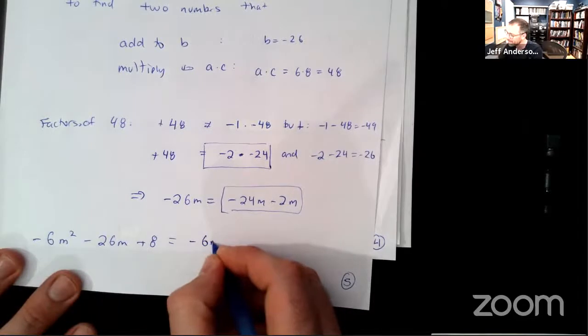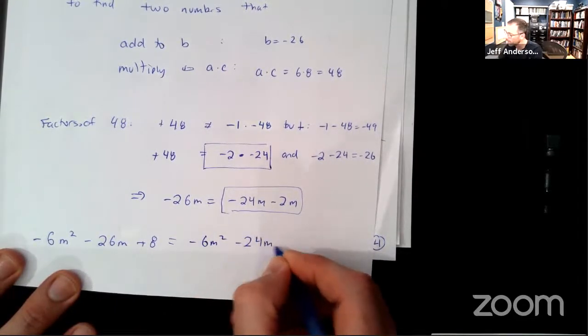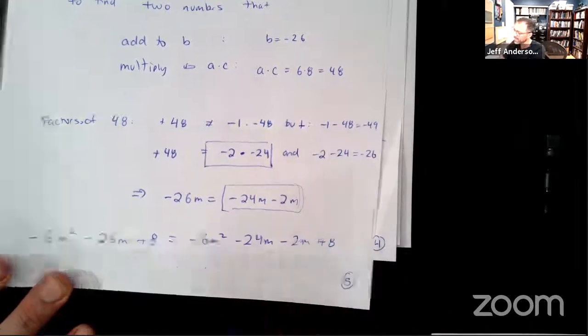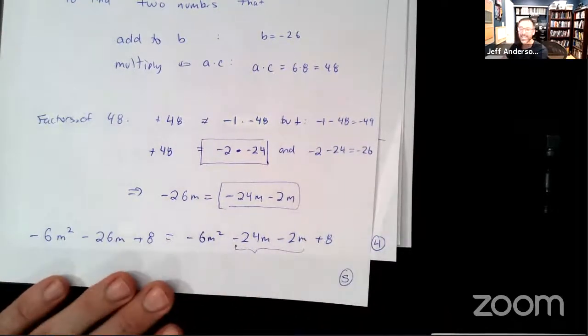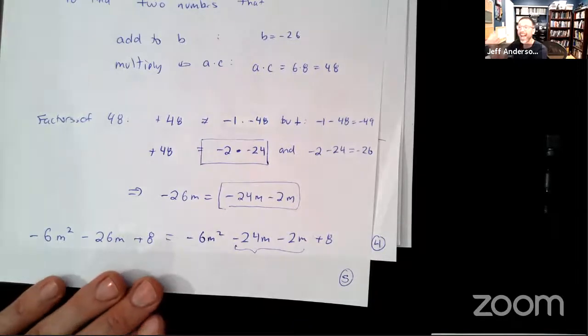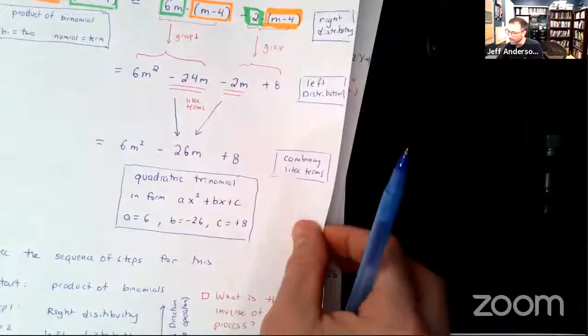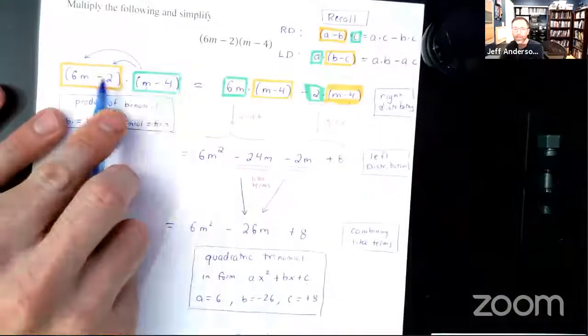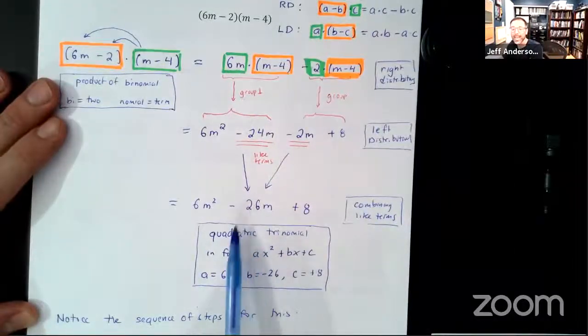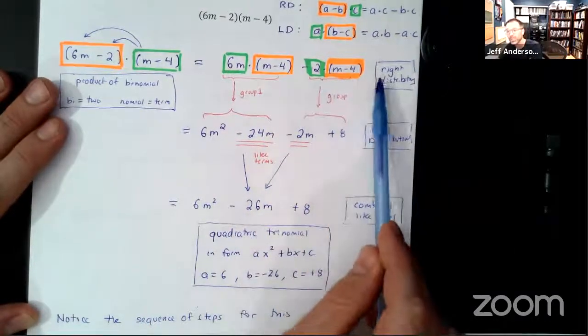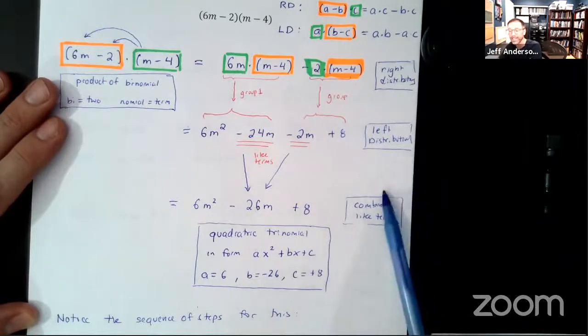So here, 6m squared minus 24m minus 2m plus 8. Notice these are the exact numbers that I would have wanted to search for had I had the information of the forward problem. In other words, what we've just done there is ask ourselves, if I was trying to multiply two binomials and wanted to get down to the end, which is a quadratic trinomial, we know the steps: right distributivity, left distributivity, combining like terms.